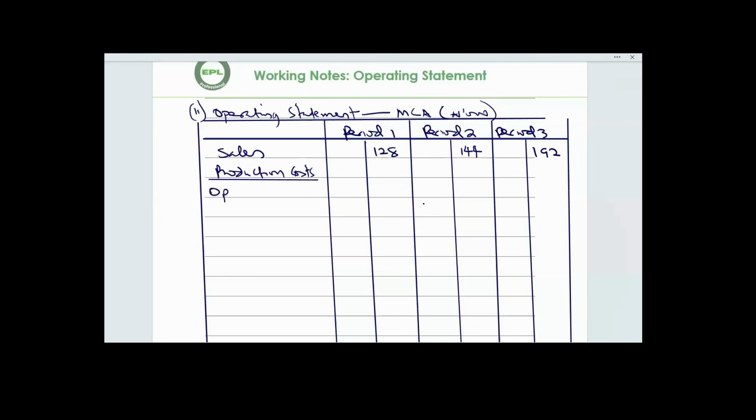Opening stock: dash. Direct material under the first period: 50. Direct labor: 20.